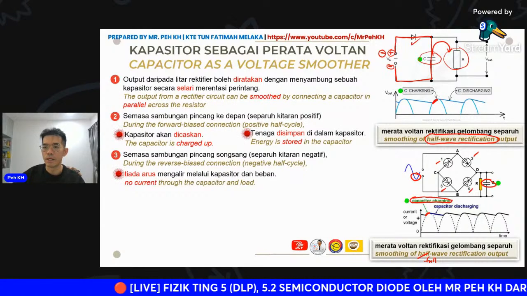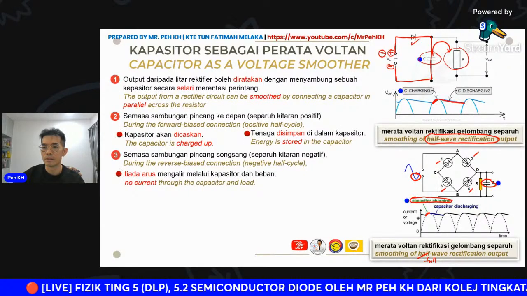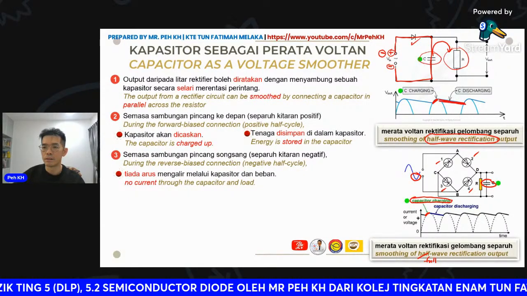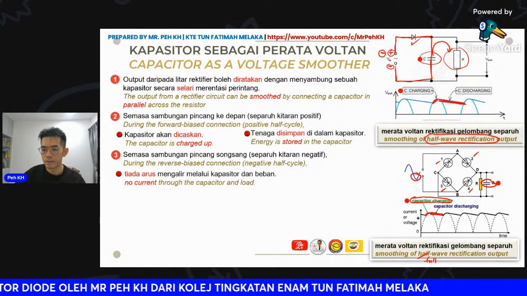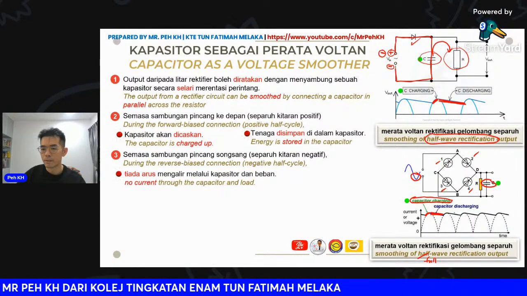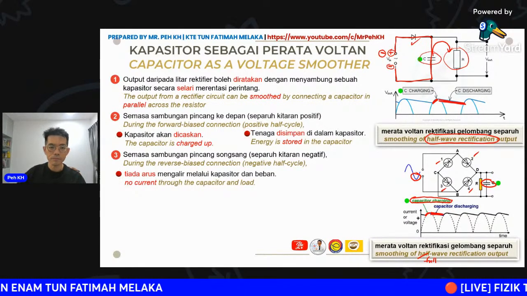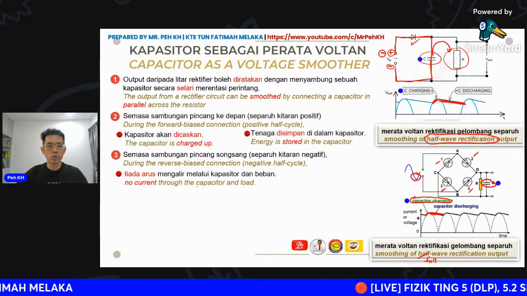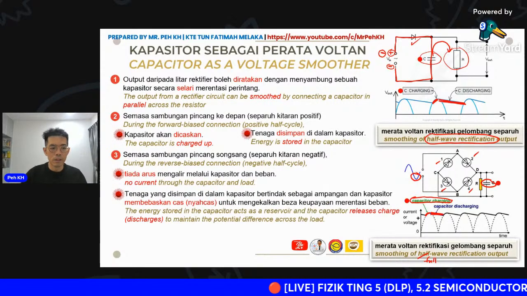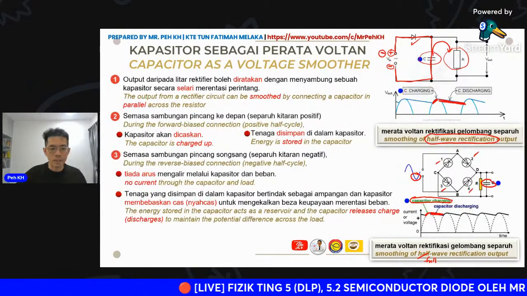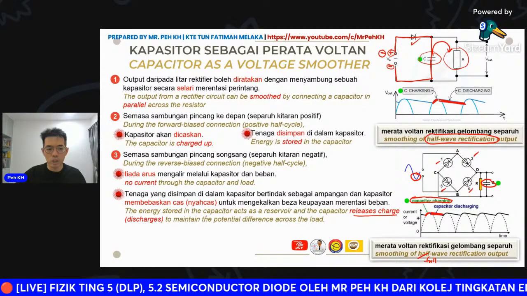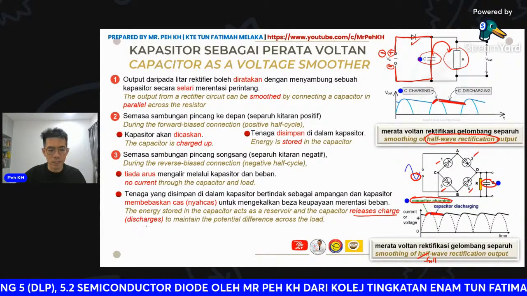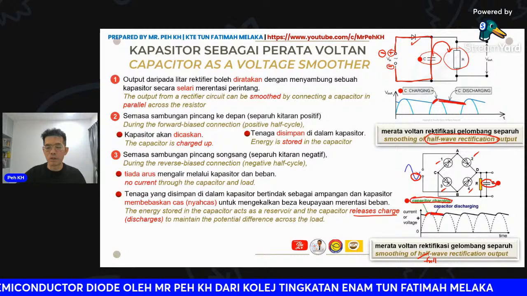You can see it here for the half wave rectification, and then here for the full wave rectification. So no current through the capacitor and load. The energy stored in the capacitor acts as a reservoir, and the capacitor releases charge, or what we know as discharge, to maintain the potential difference across the load.